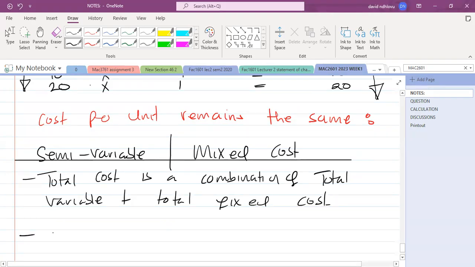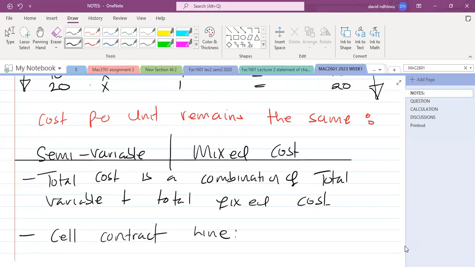Right, e.g. a cell phone contract line. When you go to MTN and you are given a contract line, there is a portion of the cost that is always fixed, a small amount, maybe 100 rand. Whether you phone, whether you don't phone, it will be there.